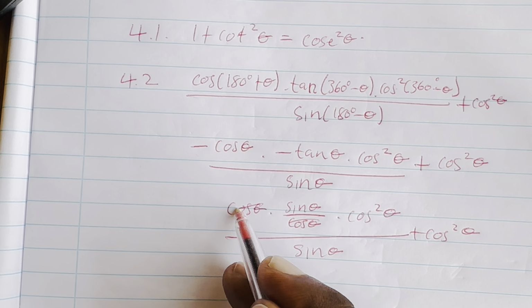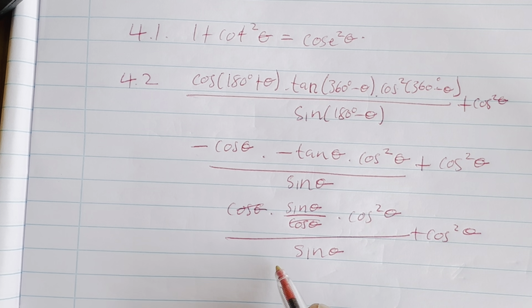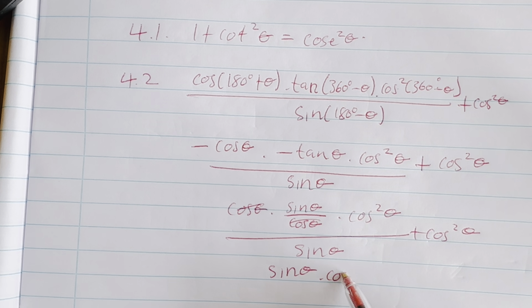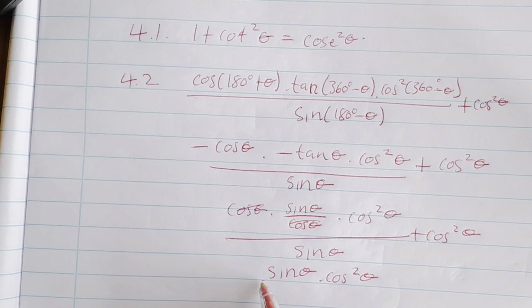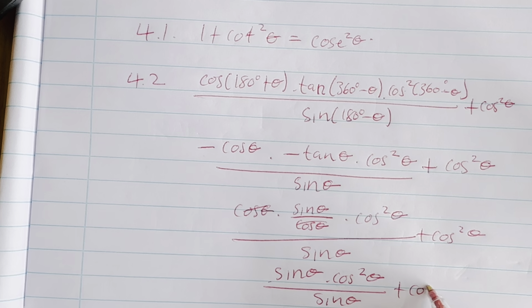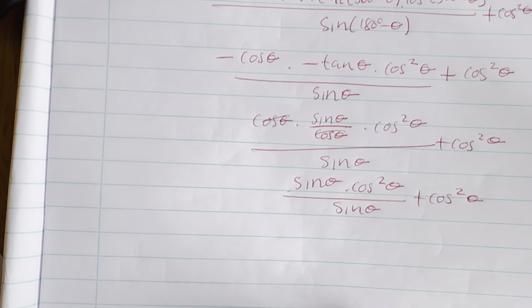So this one and this one will divide each other. Then we'll be left with sine of theta multiplied by cos squared theta divided by sine of theta plus cos squared theta.